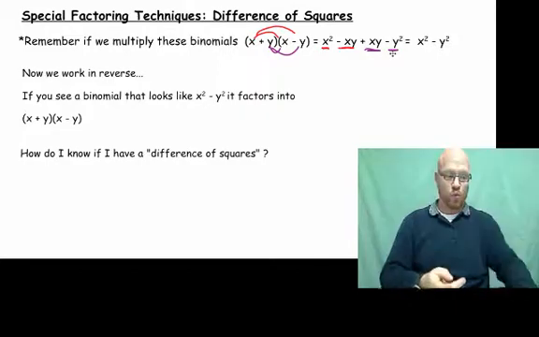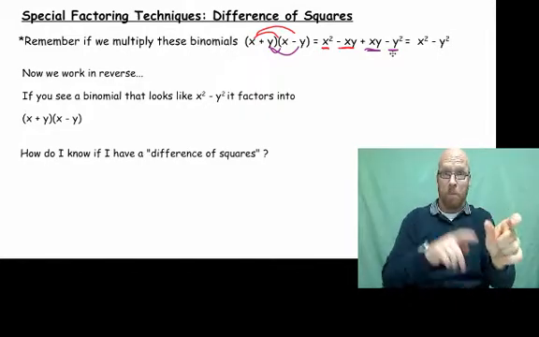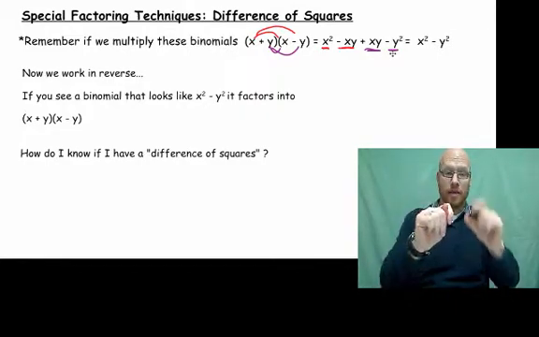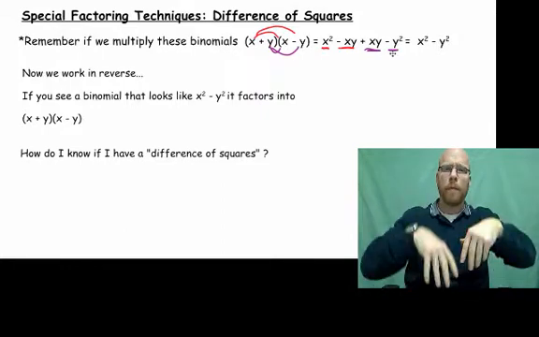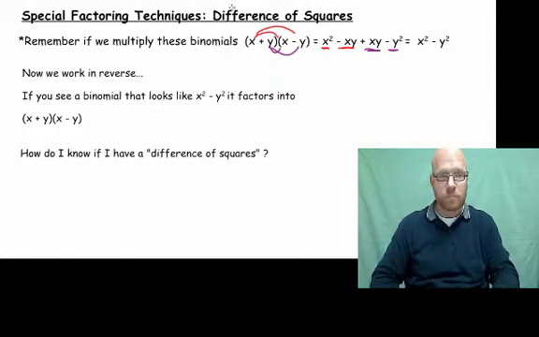Okay, now you can see we have these middle terms, minus xy and plus xy. When you add them together, they become 0xy. They drop out effectively.